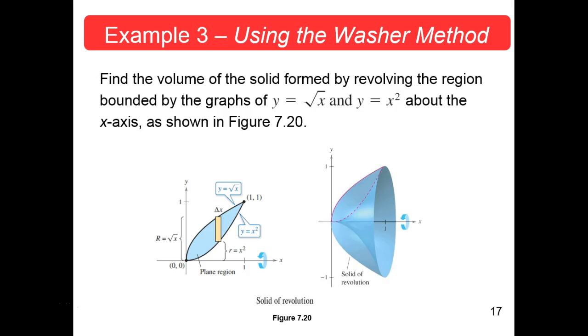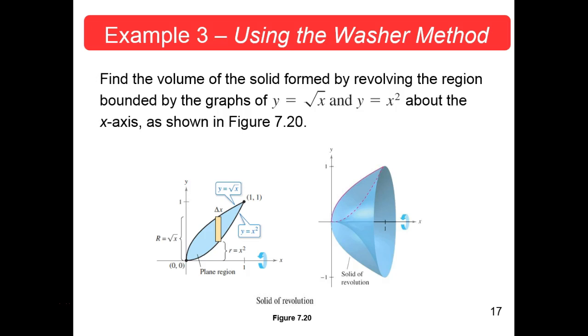So here's example 3. Find the volume of the solid formed by revolving the region bounded by the graphs of y equals the square root of x, that's this curve, and y equals x squared, that's the parabola here. Okay?